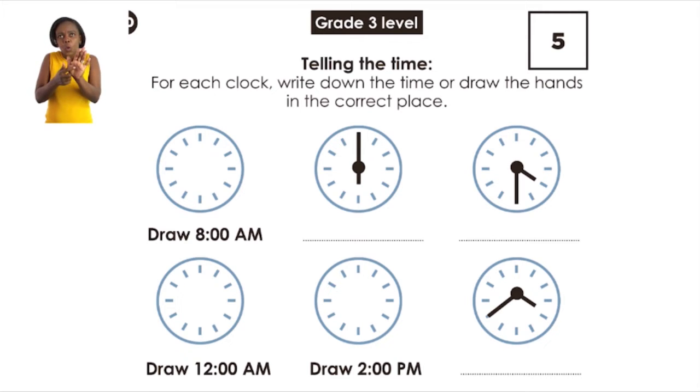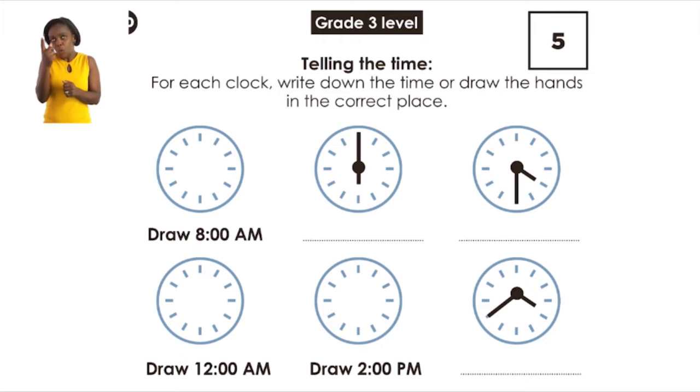Can you tell me where it will point when we say 8 o'clock? All right, so the long hand will point where? At the 12. Thank you. And the short hand will point where? At the 8. Very good. It will point at the 8. Then we say it's 8 o'clock.